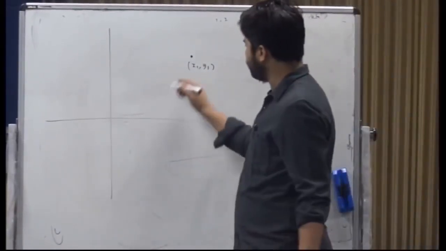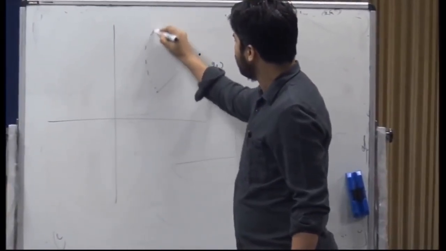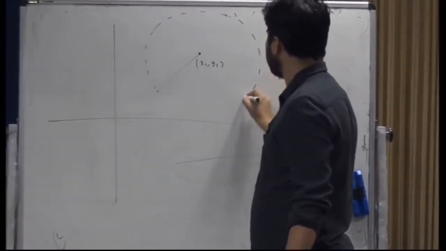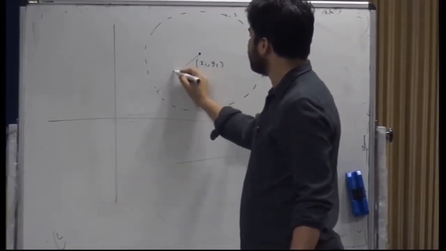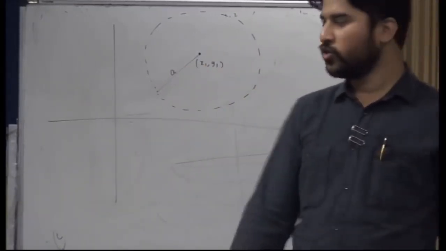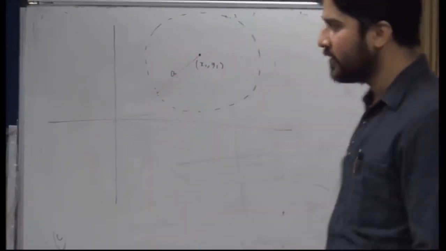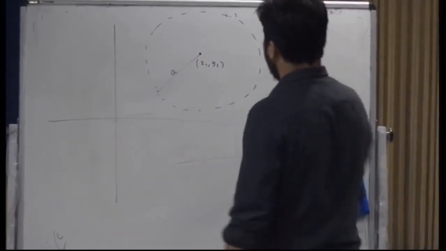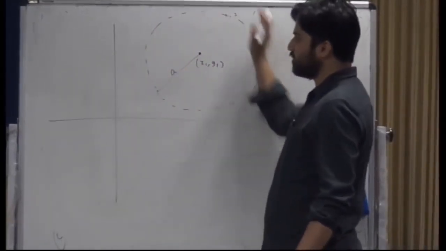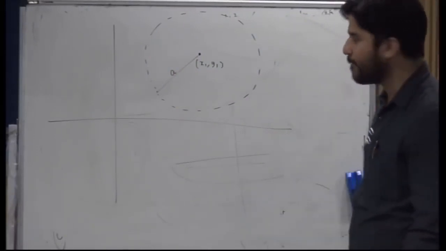Now let's say this is your moving point and this distance is a, right? So this fixed distance is called radius and that fixed point is called center, and this graph is the geometrical representation of the circle which you want, right?